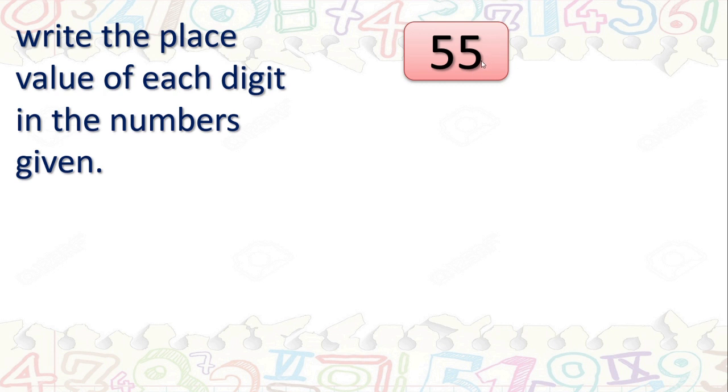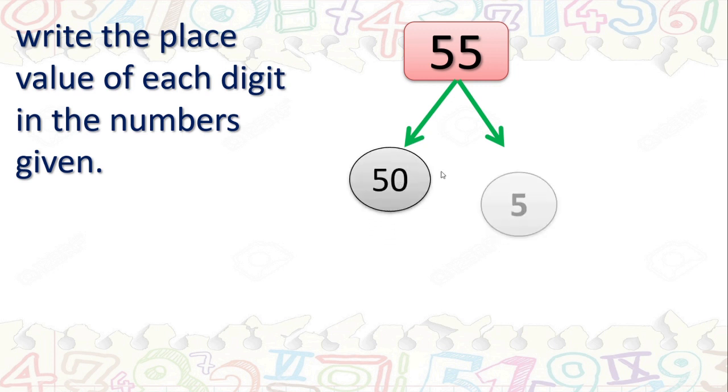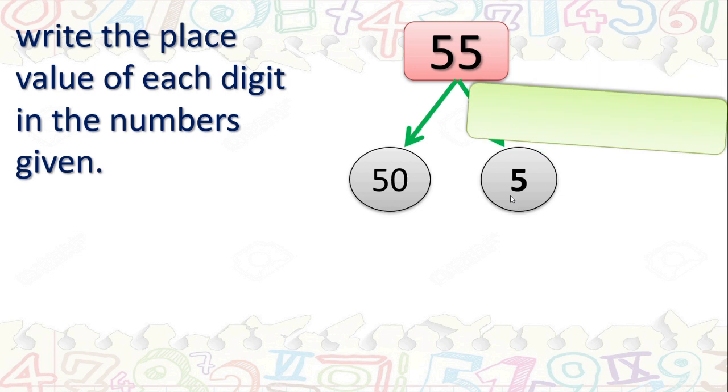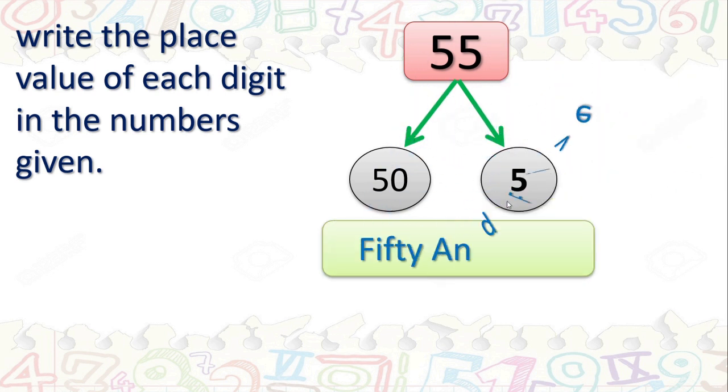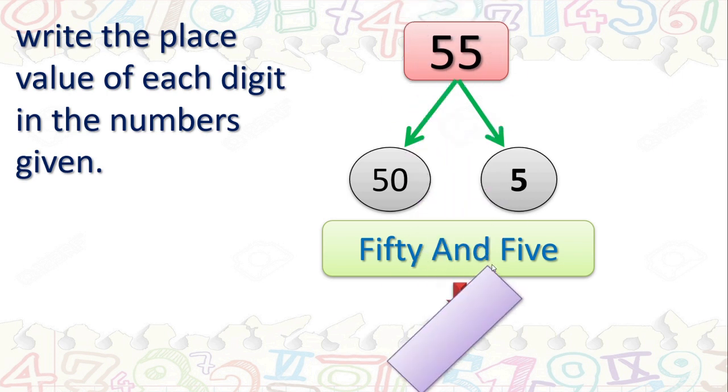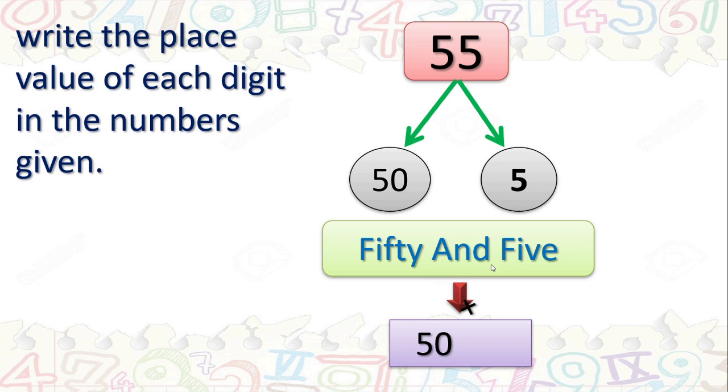Okay, one 5 is in unit place and another is in tens place. So the place values, here it is 50 and here it is 5. And when we write these numbers in words, we will write like this. It is 50 and 5. That is nothing but 50 plus 5, right?